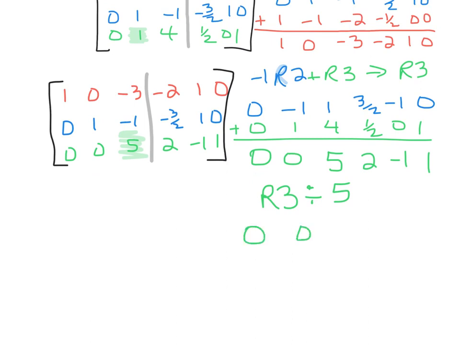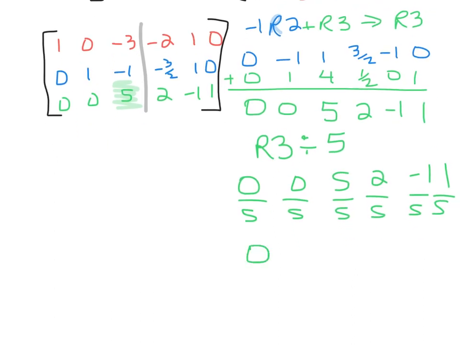So 0, 0, 5, 2, -1, 1. Divide all these by 5. And my new row 3 is 0, 0, 1, 2/5, -1/5, +1/5.